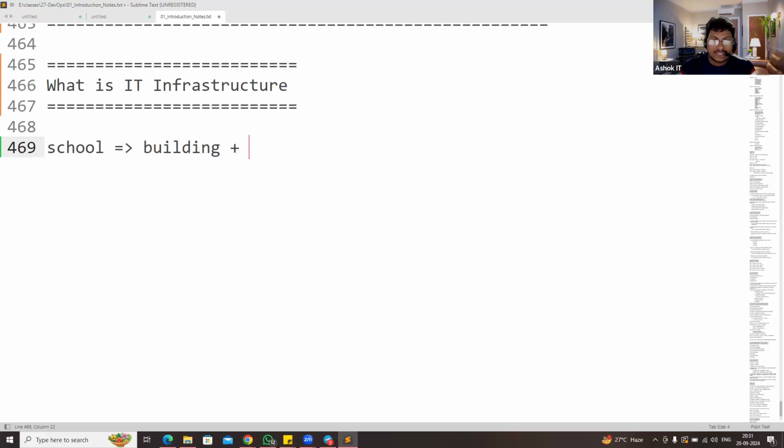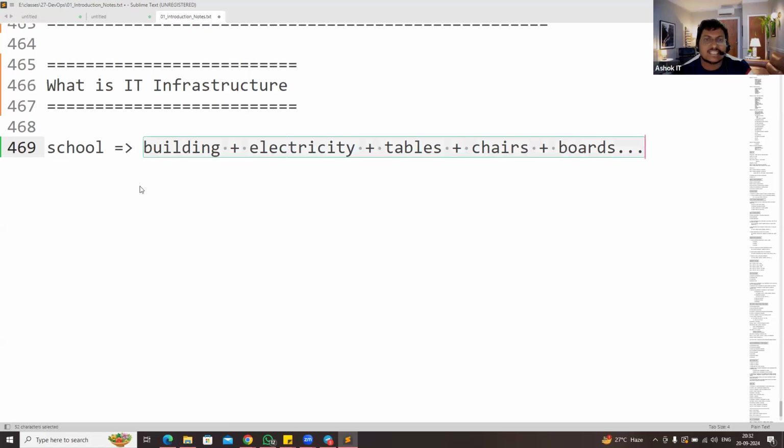Then in that building, I need to set up electricity. Then I need to set up tables and chairs for the students, and boards to teach the class. So like this, we need a lot of resources in order to run one school. So this is the infrastructure that is required to run a school.